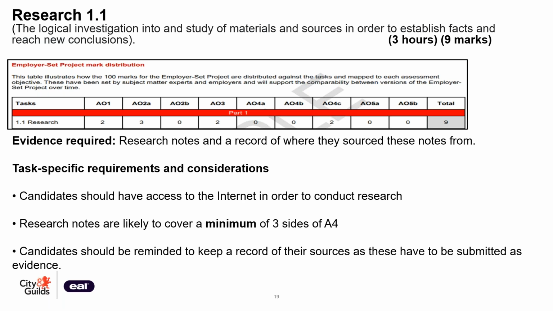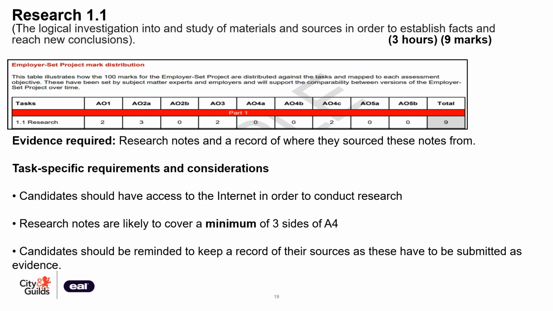So what we've put in here, what do the candidates have to do? So first of all, they've got to do a research. They'll get their brief and it will give them exactly what they have to do. And we are asking for a minimum of 3 sides of A4 paper for this research, and we need that as part of your evidence. They also have to keep a record of where they source that material from.